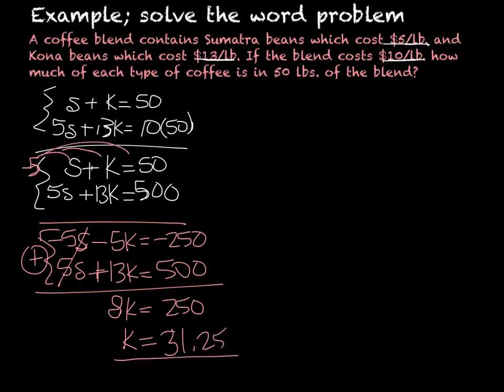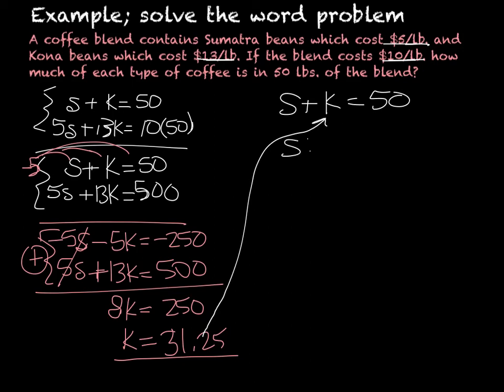Once you know k, you can easily find s, because we know that s plus k equals 50. So if I put 31.25 in for k, then what I have is s plus 31.25 equals 50. Subtract the 31.25 and s equals 18.75.